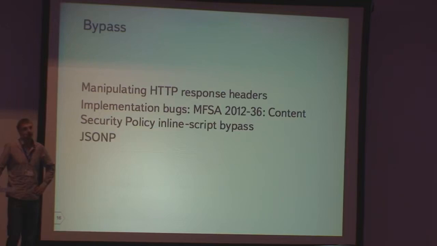For example, you specify some hosts as legal hosts for scripts, and on one of these hosts there is a special script which returns data in JSON-P format, and if the callback in this JSON-P script is not well validated, the attacker can control it and use it to attack your application, because currently you can limit sources in content security policy only by hosts, schemes and ports, by origins.